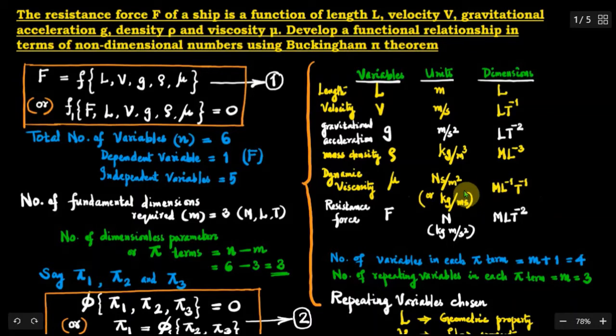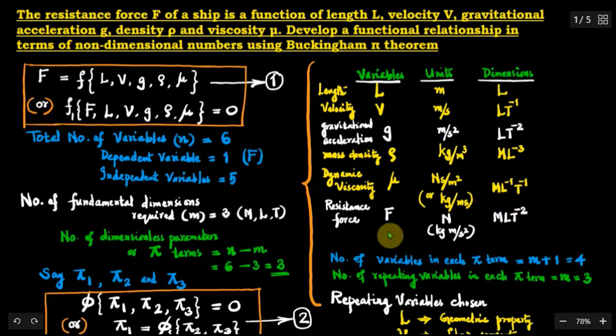It is better for us to write the unit here as kilogram per meter second, that is same as Newton second per meter square, in order to obtain this dimension. Kilogram per meter second, if you insert the dimensions, you will get M divided by LT, that is ML raised to minus 1 T raised to minus 1.